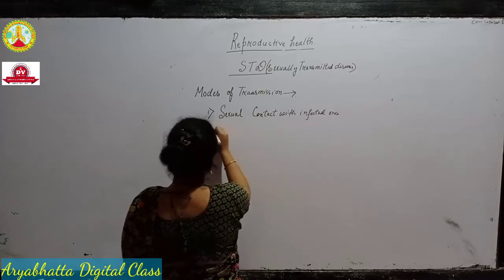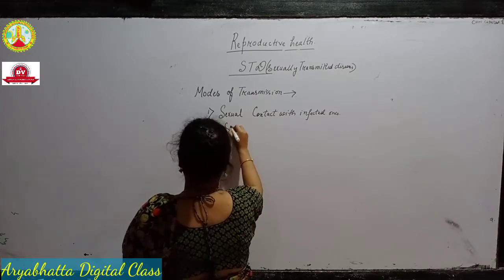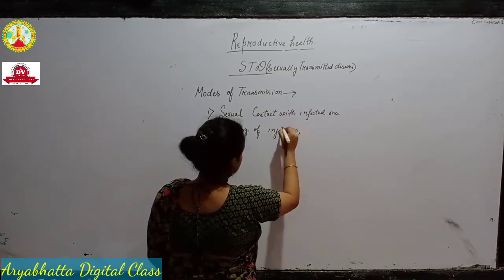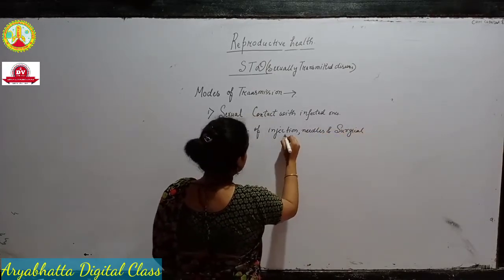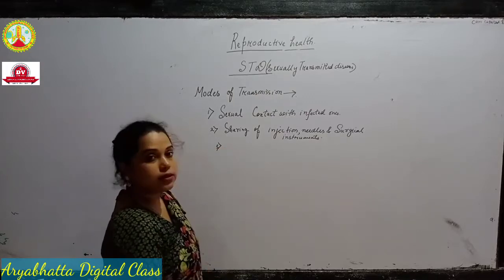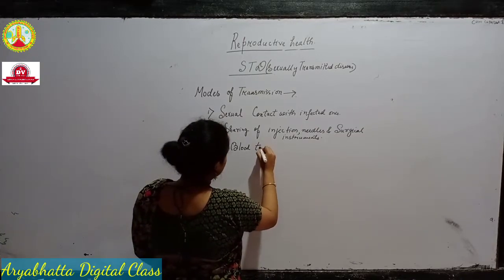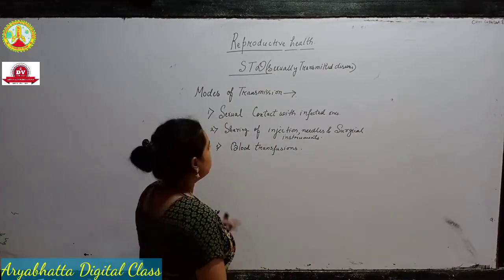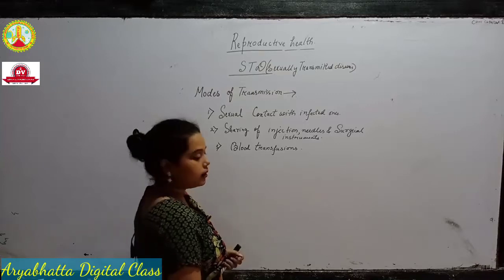Then sharing of injections, needles and surgical instruments. And number 3, blood transfusion from infected persons. So these are some of the modes of transmission, how STD can be spread from one person to another.